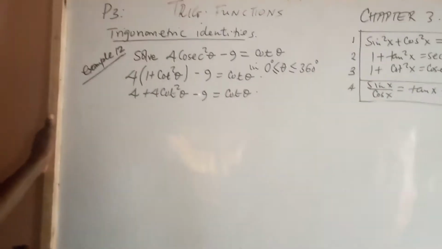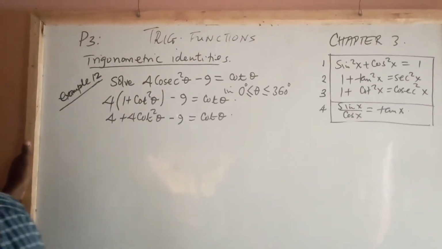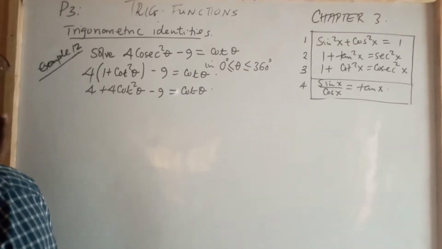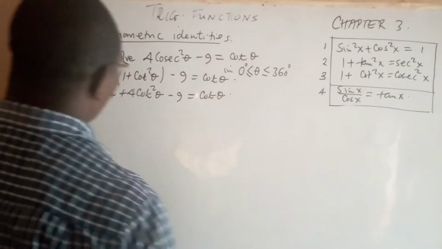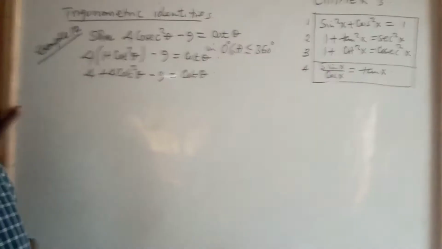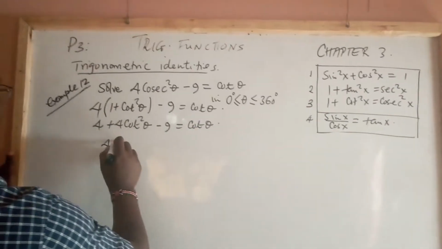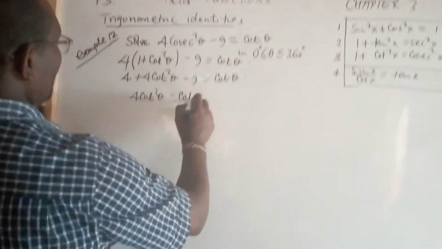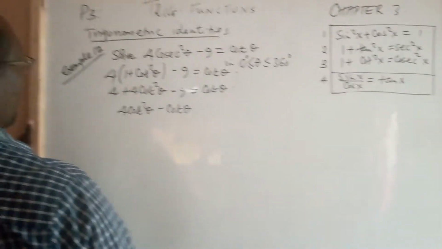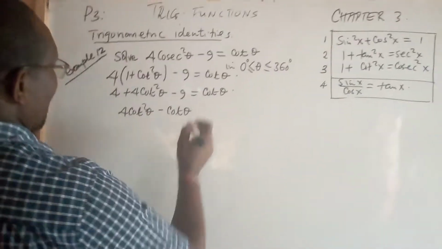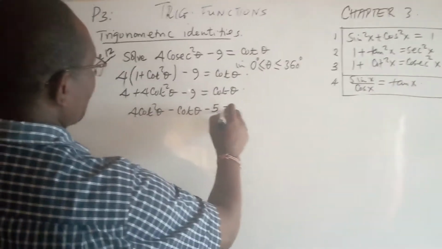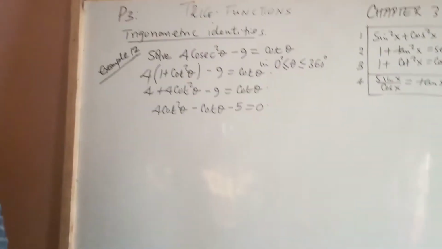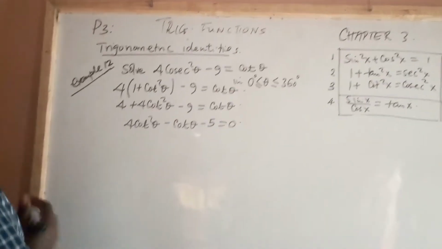And if you look at this general equation, it's suggesting that it's going to be a quadratic equation, and therefore we would rather have everything on the right being equal to 0 and have 4 cot squared theta minus cot theta, 4 minus 9 is going to be minus 5, is equal to 0. And at that point, it is clearly a quadratic equation.